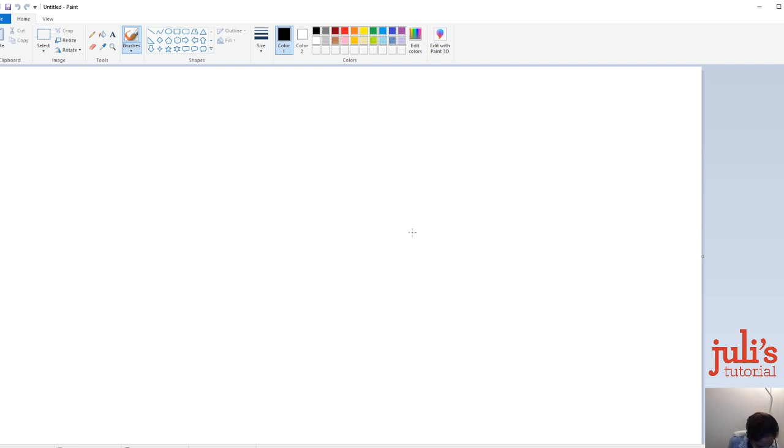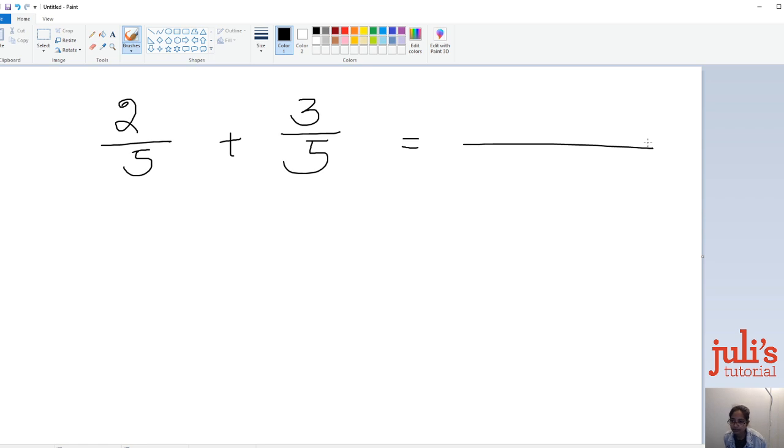Okay, number 4, 2/5 plus 3/5. That's very easy because it has the same denominator. The denominator stays the same because the denominator is the same, and all I do is add the top, 5 over 5. 5 over 5 is the same thing as 1 whole.